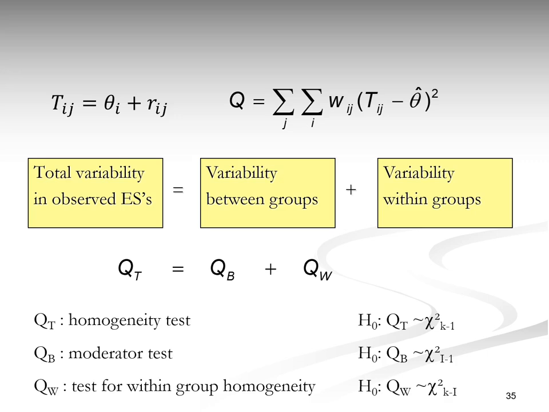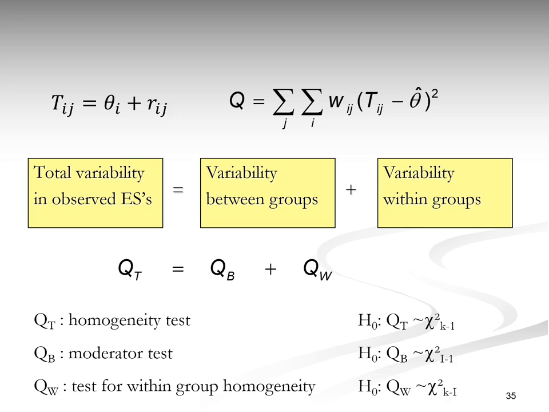The Q between tests whether there is variability between categories, so it's a kind of moderator test. So it tests whether the size of the effect depends on the category. If the size of the effect depends on the category, then the categorical variable is called a moderator variable.